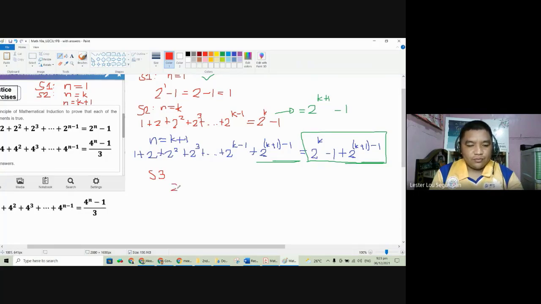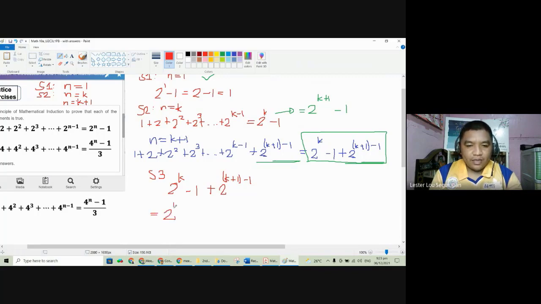You have 2 to the k minus 1 plus the quantity 2 exponential with exponent k plus 1 minus 1, which will return to this expression. How? Let's try to simplify the exponent here.